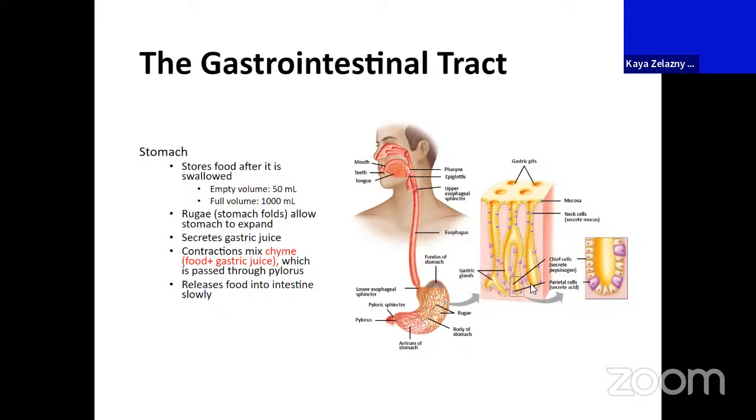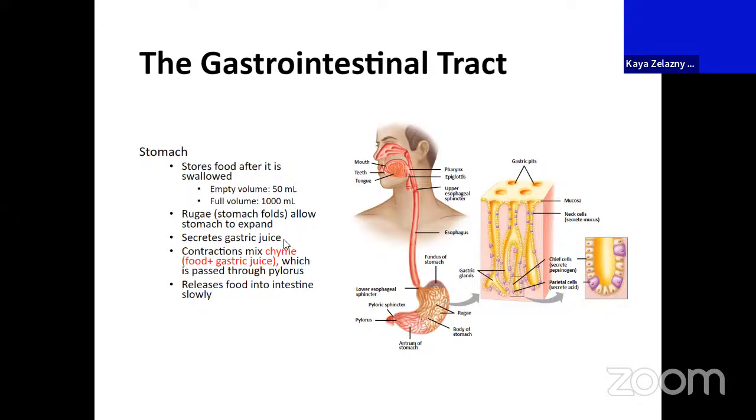In this glandular tissue we have all sorts of different cell types. We have chief cells that secrete pepsinogen, and we'll talk about that when we talk about protein digestion. We have cells called parietal cells that secrete acid, literally the hydrochloric acid, creating a really acidic environment in the stomach. It's part of the protective function of your body, as well as activating a bunch of enzymes that we need later on. All right, so that's our gastric juices.